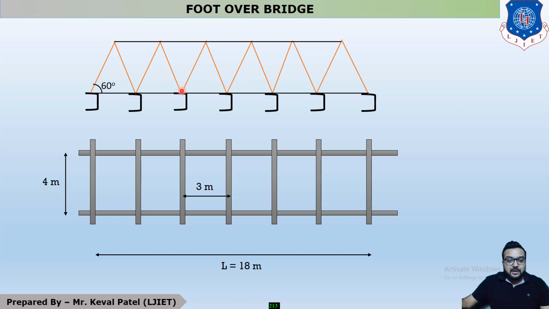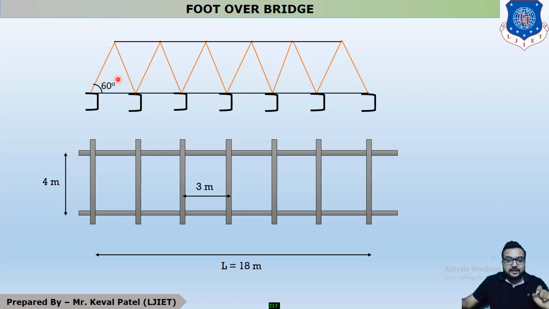Now the angle between the horizontal, which is the bottom chord, and the diagonal member is 60 degree. If there is no clarification regarding the angle between the trusses, then you have to consider 60 degree. You all know that the total angle in a triangle is 180 degree.